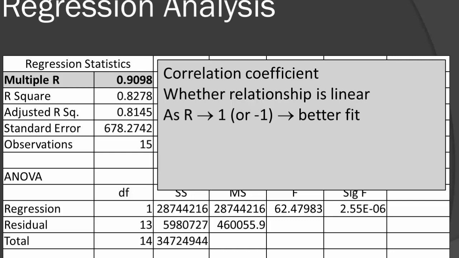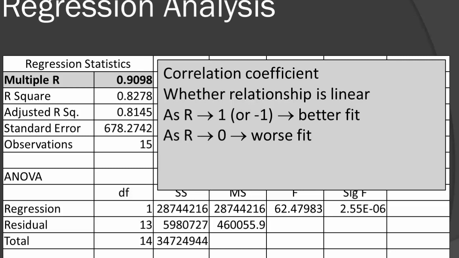On the other hand, if R is very close to 0, that means that there is no strong correlation between the predictor variable and the outcome variable. In other words, knowing something about the predictor variable doesn't tell us anything about the outcome variable. The two are not related.